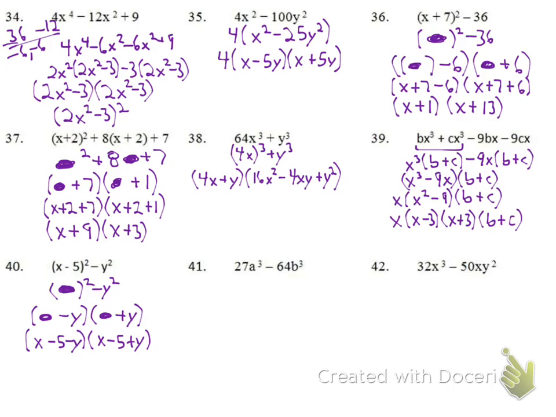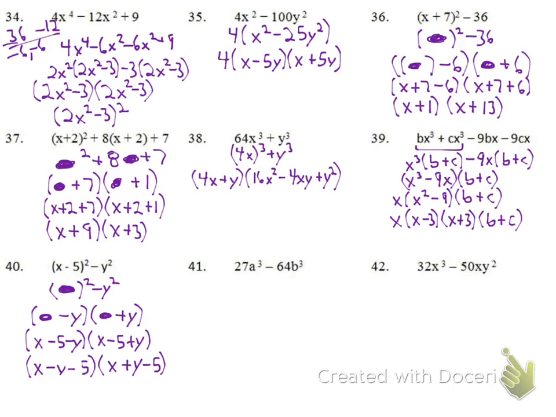You could write it as that, or you could even write it as x minus y plus 5, x plus y minus 5 as our answer. Oops, should have made that a negative down here. There we go.